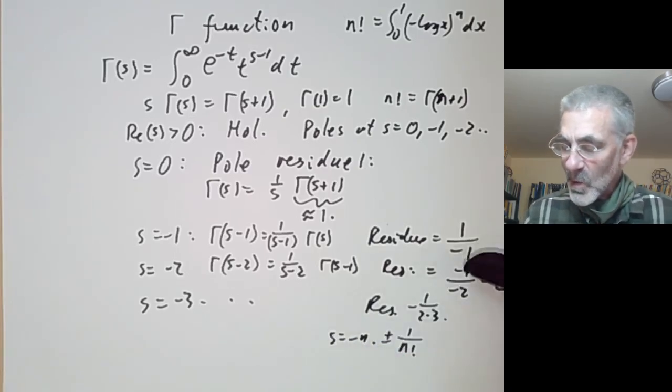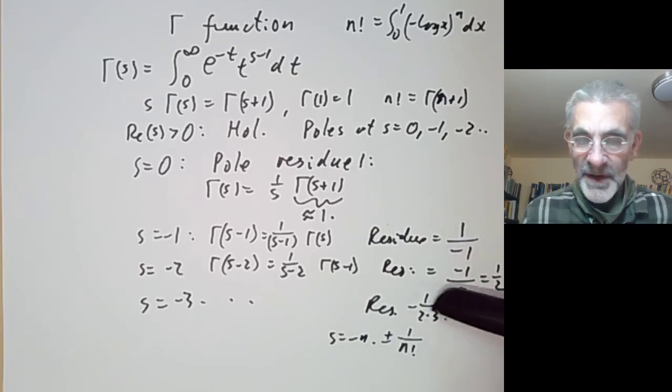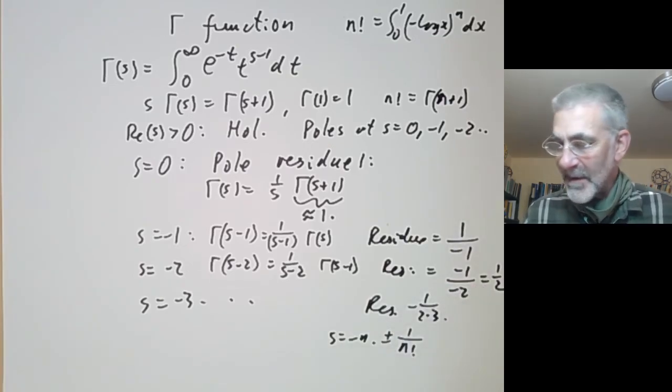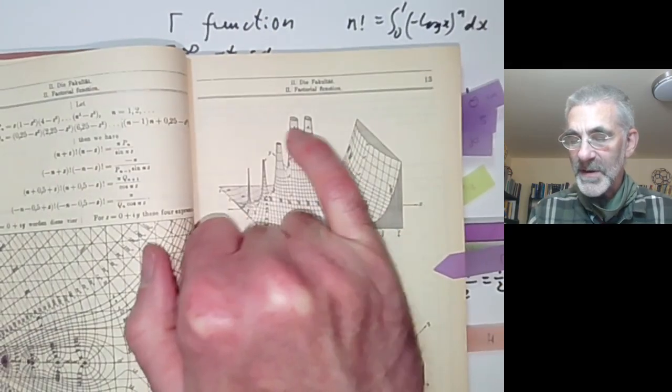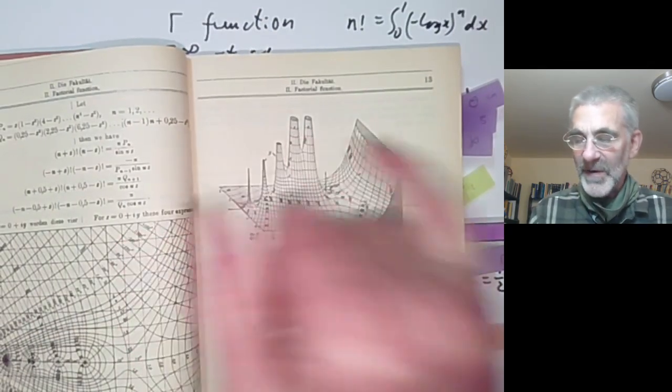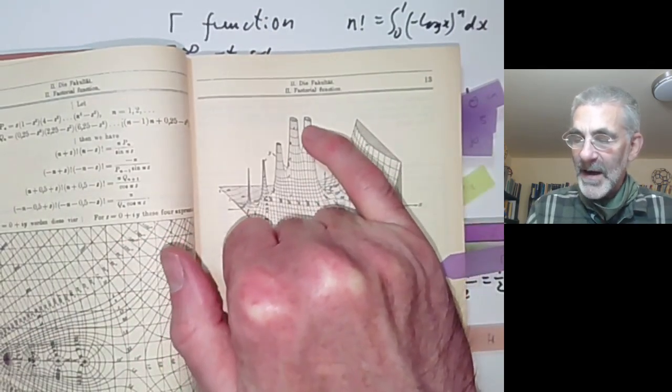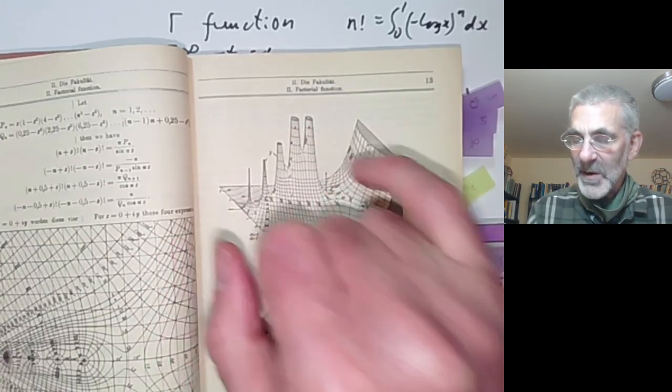So you can see the residues are rapidly getting very, very much smaller, and that's why the poles are getting very, very thin. So if you look here, these two poles are the same size, very roughly. That's because they both have residue of absolute value 1.